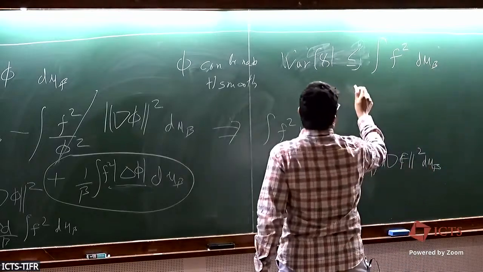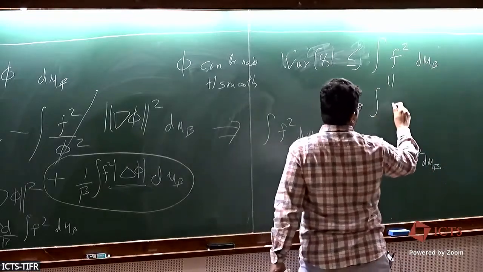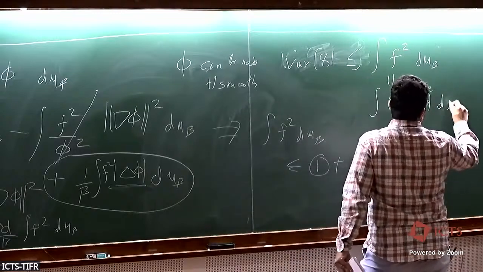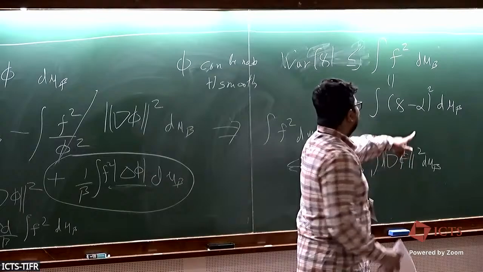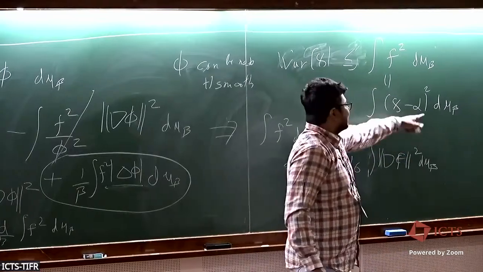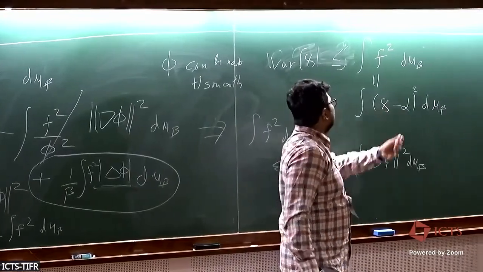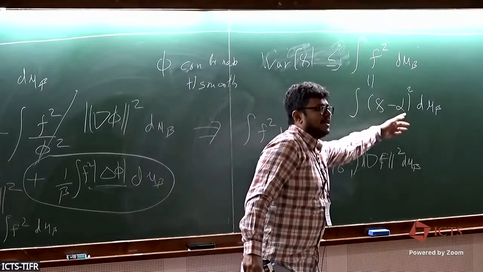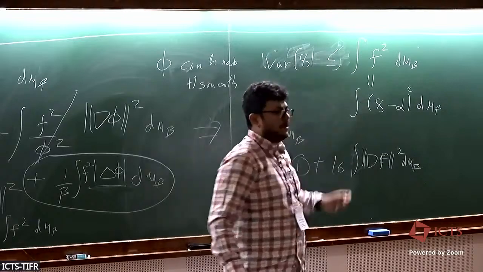Why is that? Because this is equal to the integral of psi minus alpha squared d mu beta, and alpha is not necessarily the minimizer of this. If I pick the minimizer, which is exactly the expected psi, that gives me the variance. So I have this bound here, okay?